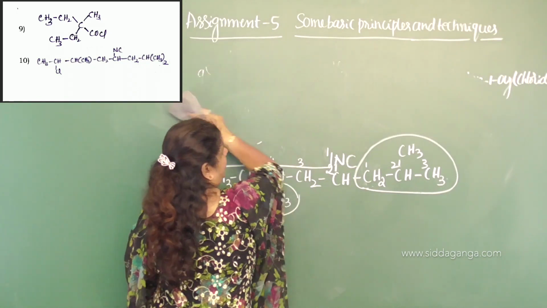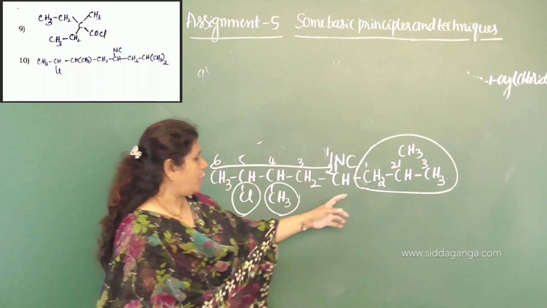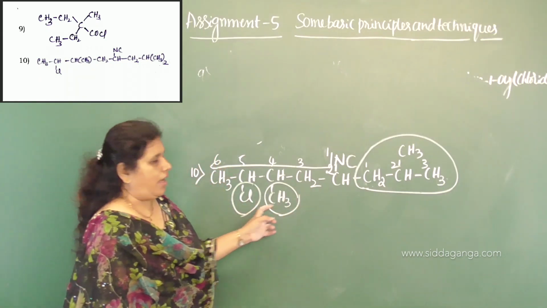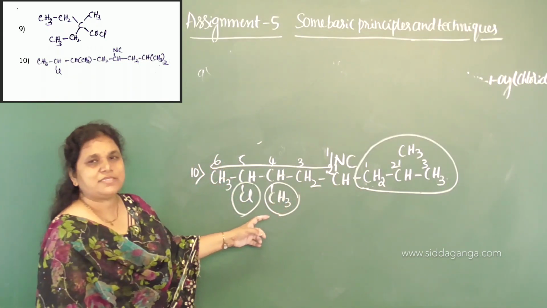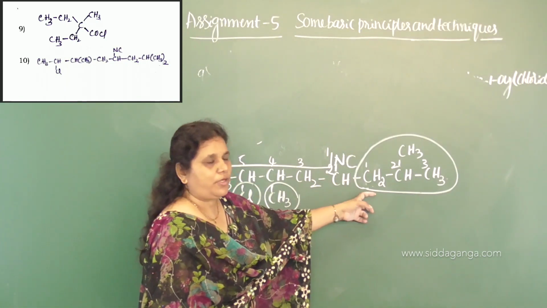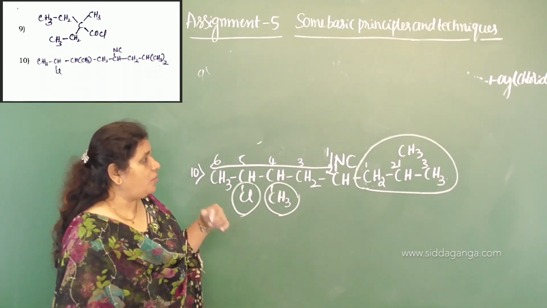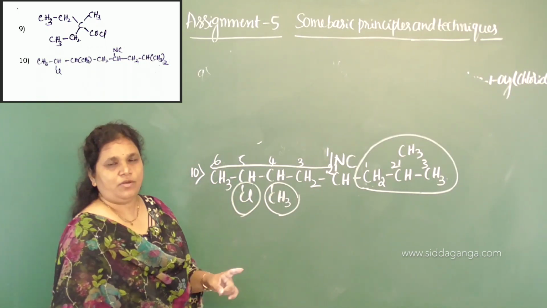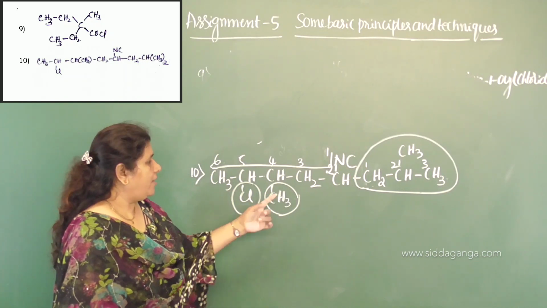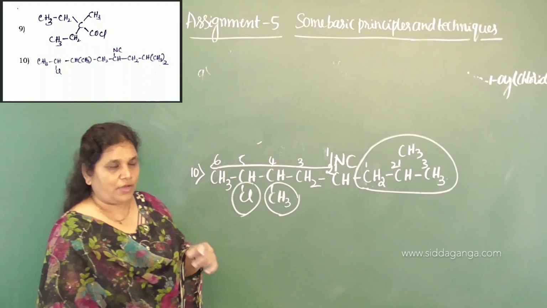Now can you write this name? If you use isobutyl, first comes chloro, then isobutyl and then comes methyl. If you use 2-methyl propyl, then that comes last. So first you write one name.